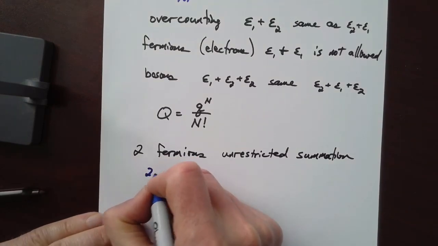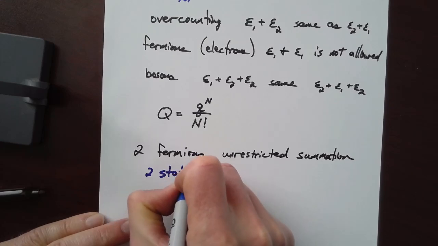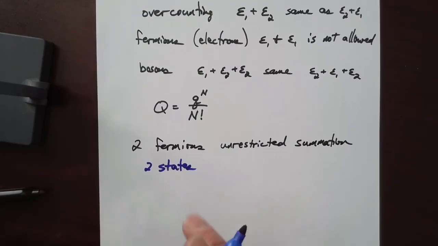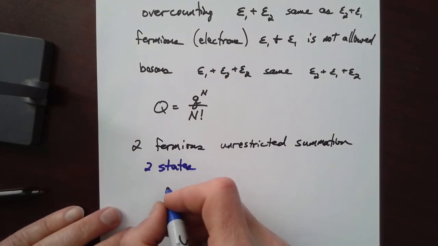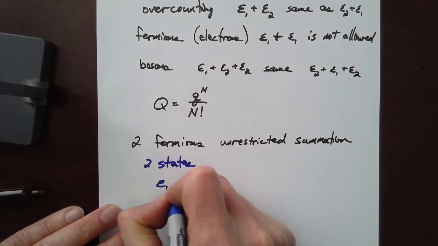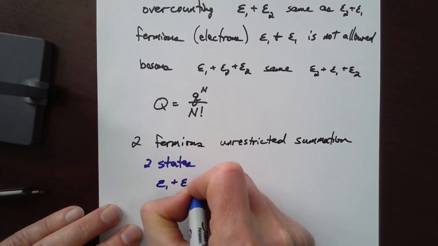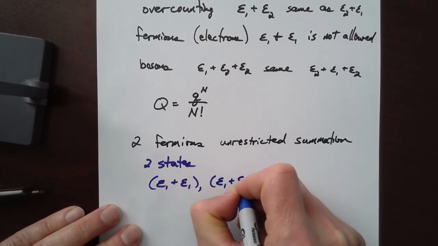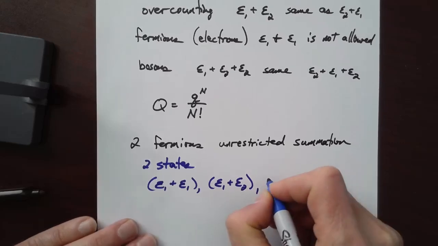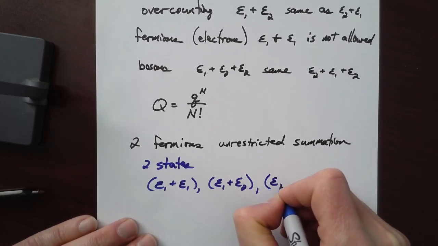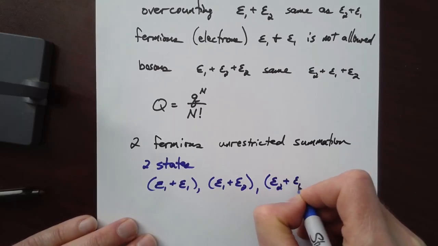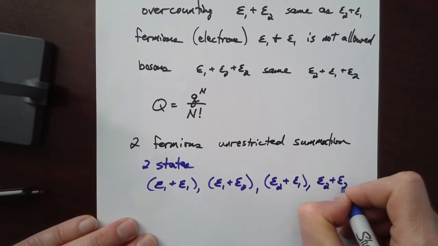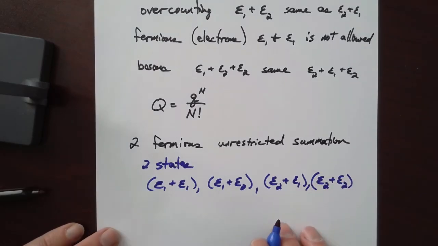Two states. In the unrestricted summation, I'm going to have four terms. I'm going to have E1 plus E1, E1 plus E2, E2 plus E1, and E2 plus E2, right?